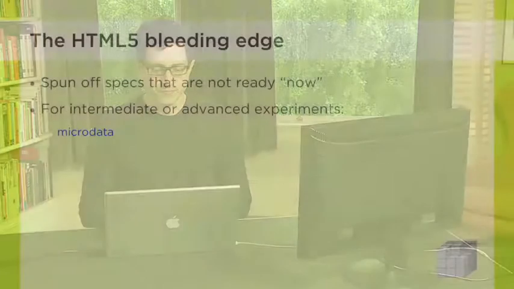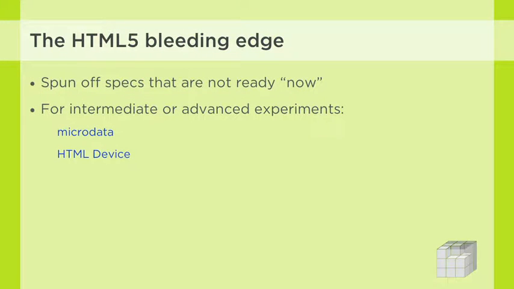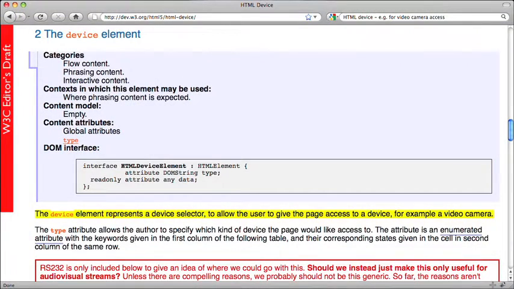The next cutting-edge area of HTML5 is HTML device. The HTML device specification is for APIs that provide access through JavaScript to various aspects of the device, such as the video camera or input-output that you don't normally have access to from a web page.